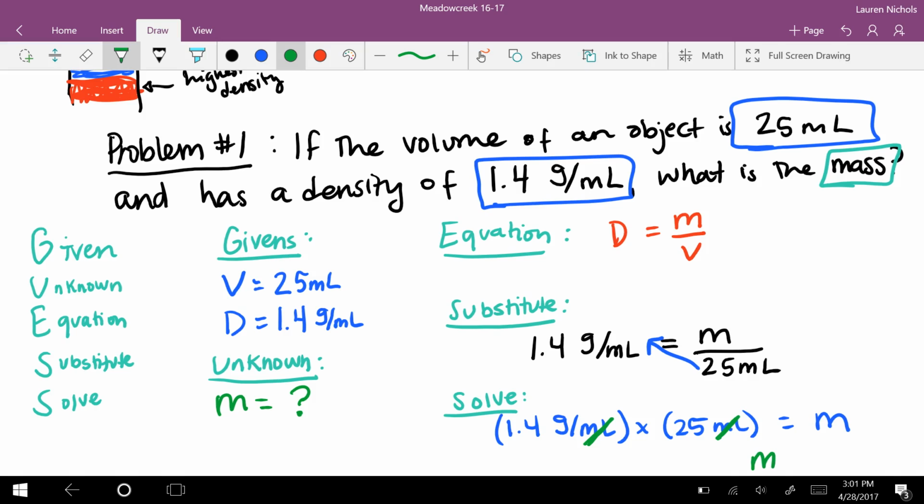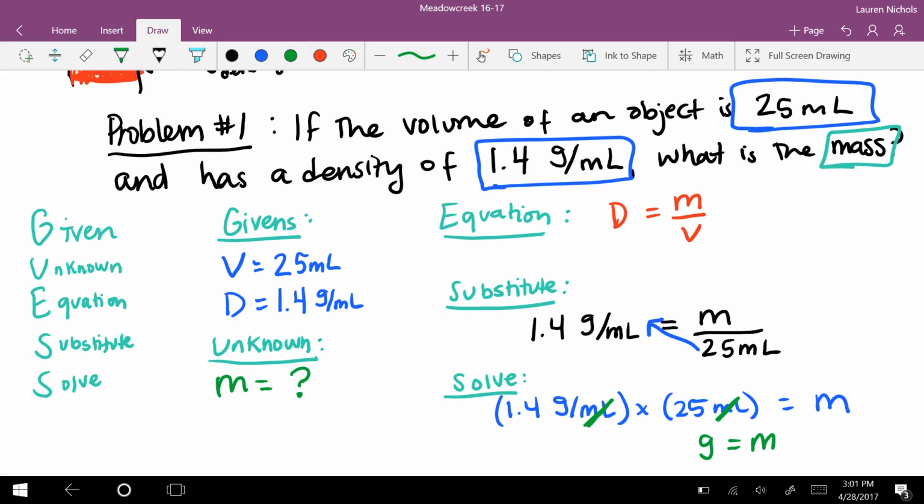So I know that my mass is going to be equal to something with grams, which is excellent because grams is the unit for mass. And when I multiply these together, I'm going to get 35 grams as my answer.